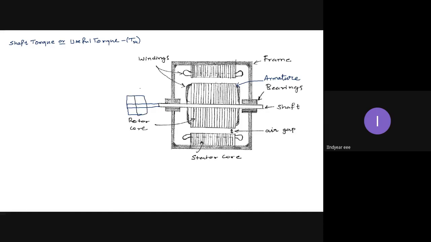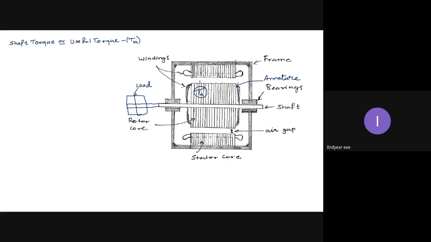Suppose this is the load. Whatever torque is developed in this armature, this is Ta. Now the useful torque should be made available at this load.